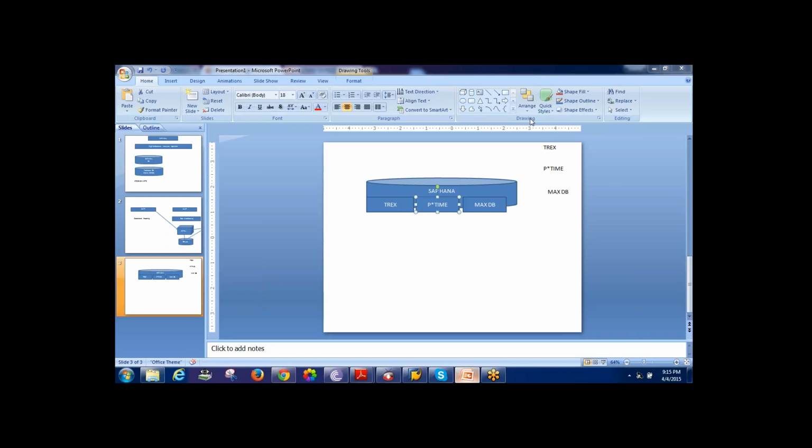Does SAP HANA not have a particular backup structure, or does it depend upon the MaxDB? No, it has a backup structure. You are going to have backup in SAP HANA database, and that backup is going to be performed in MaxDB.